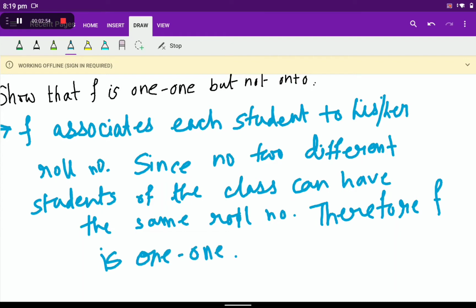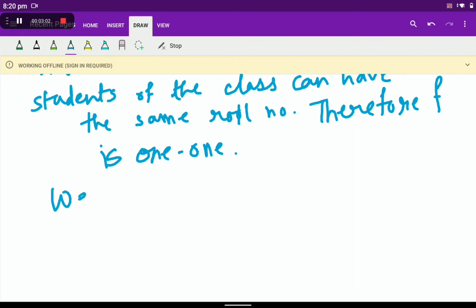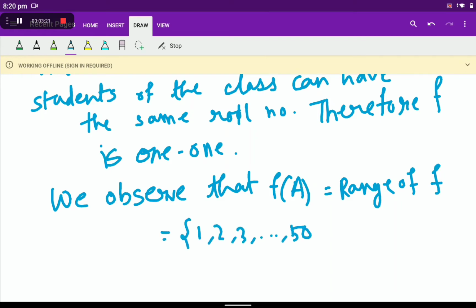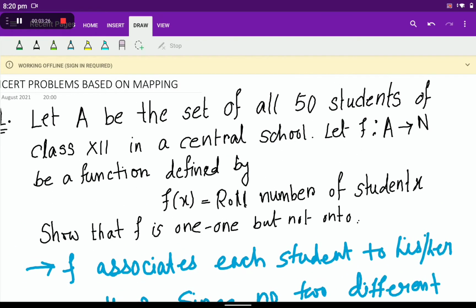Now how can we prove the function is not onto? Let's see. We observe that f of A, the range of f, is 1, 2, 3 up to 50, because in the question A is the set of all 50 students of class 12.